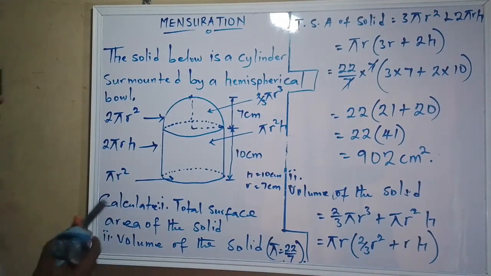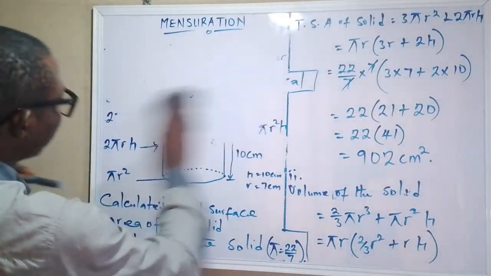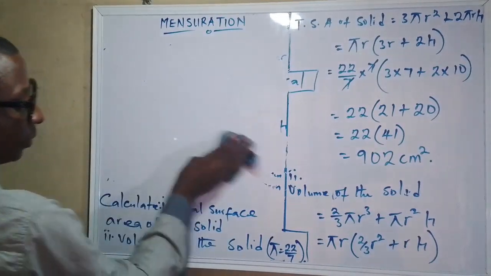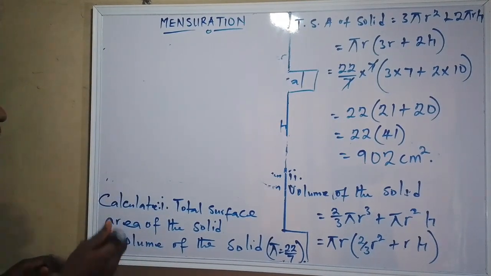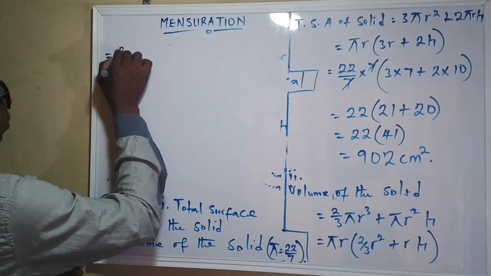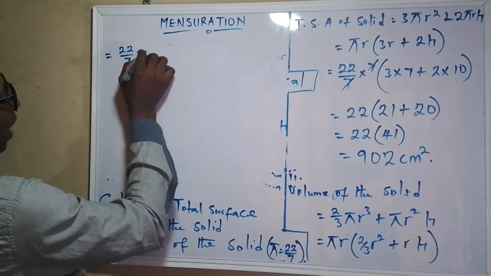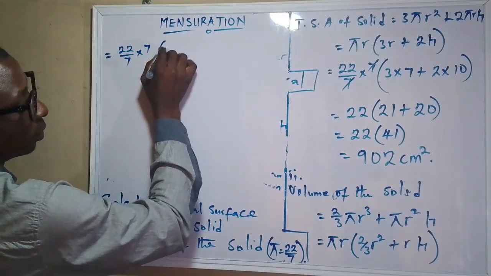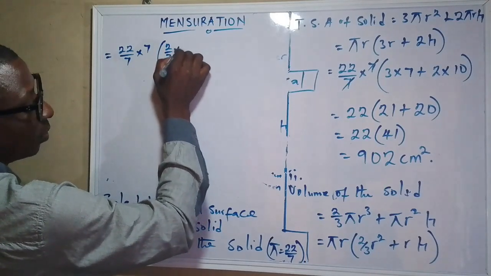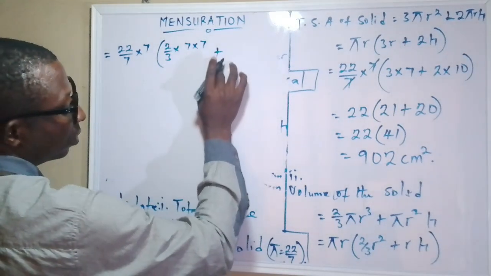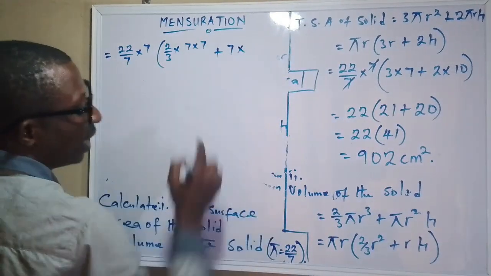So now let's continue. We can substitute inside that formula. We have 22 over 7 times, 2 over 3 times 7 times 7, plus 7 times the height.